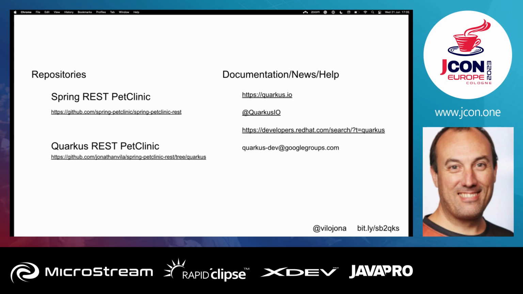And also you have the Quarkus website, the Quarkus Twitter handle, the URL for tutorials online, free, very, very interesting. And also the mailing list. If you have any problem, you just simply send an email to the mailing list and they will help you.